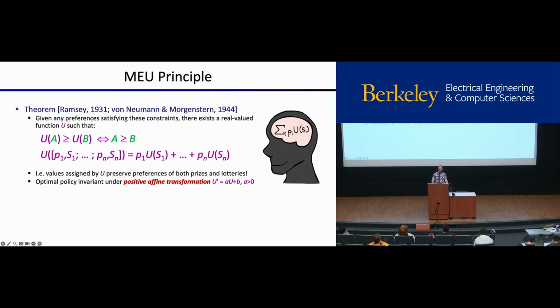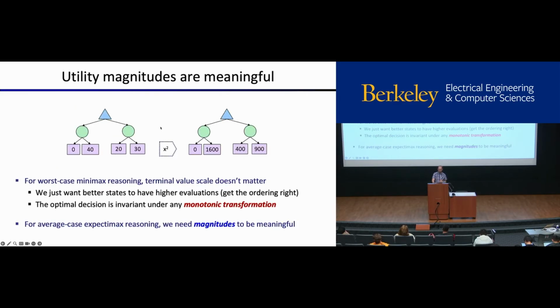Your utility function doesn't have to be linear in the sense that the utility of 2 bananas is twice the utility of 1 banana. It doesn't have to be linear in that sense. But it is linear in the sense that, where'd this go? If this wasn't an x squared, if this was a 10x plus 7, it would be okay. It would preserve optimal decision making. Okay.